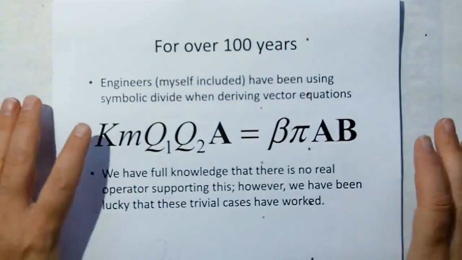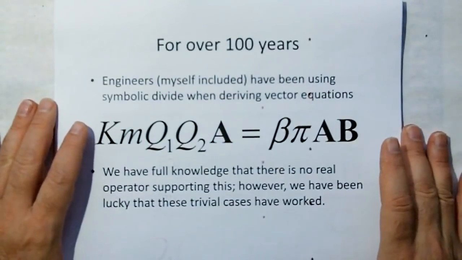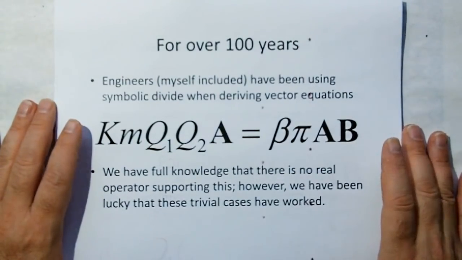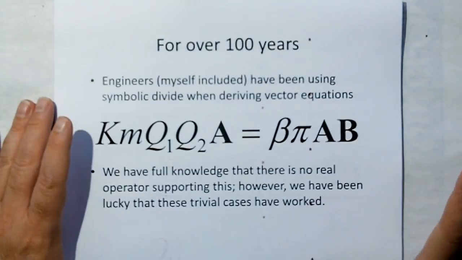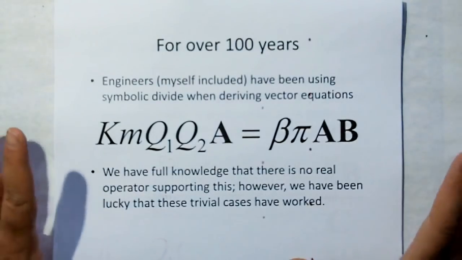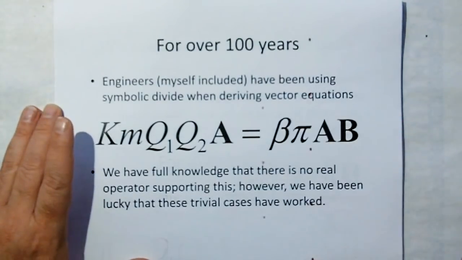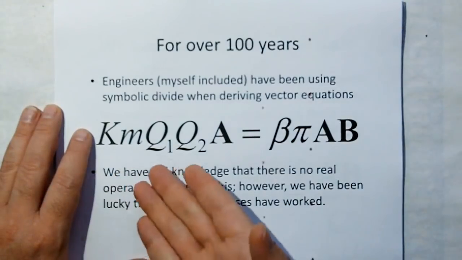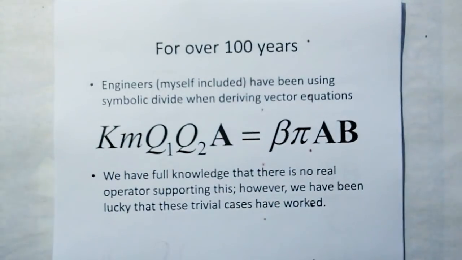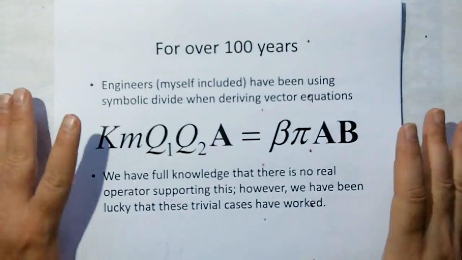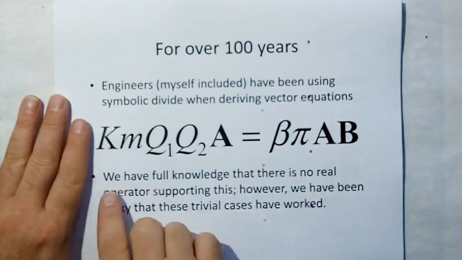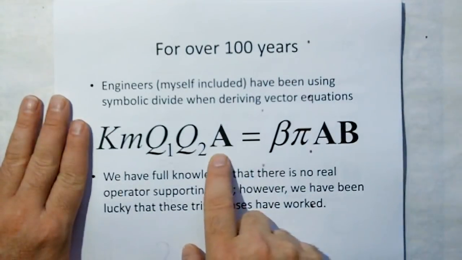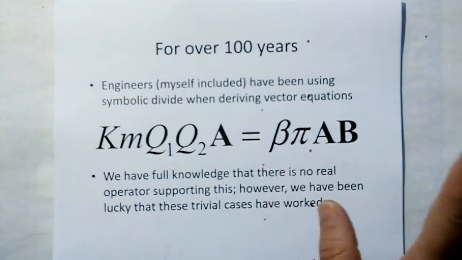But there is a disconnect. For over 100 years, engineers, myself included, though I'm not 100 years old, have had only standard, legacy vector algebra. This is an imaginary made-up equation, just made up for this example. It isn't a real equation. This is vector A, and vector A and B times some arbitrary constants.